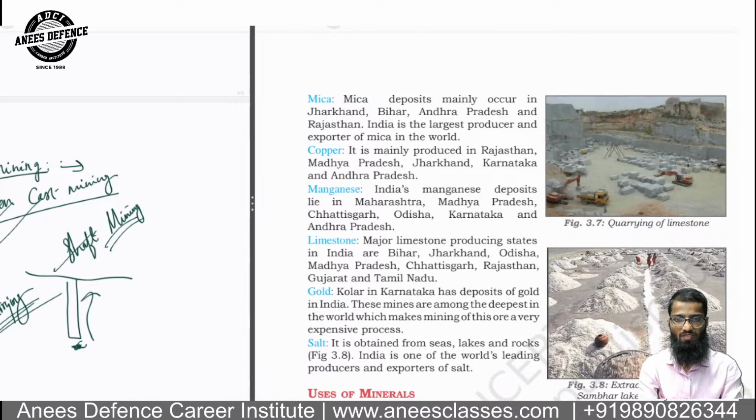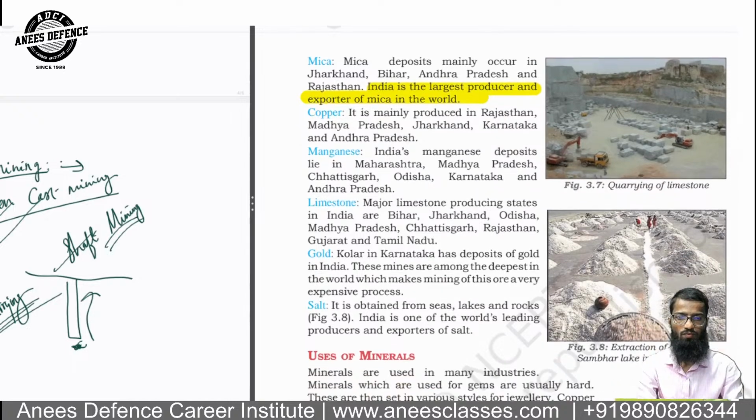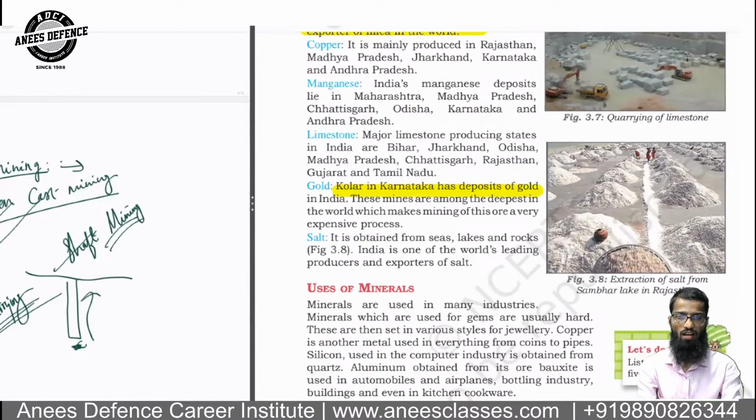So mica deposits mainly occur in Jharkhand, and this line is actually important. India is the largest producer and exporter of mica in the world. Okay, clear hai? Kolar in Karnataka has the high deposits of gold. Clear hai?